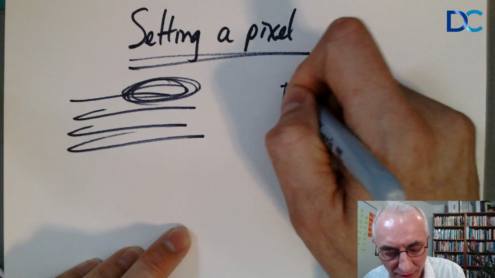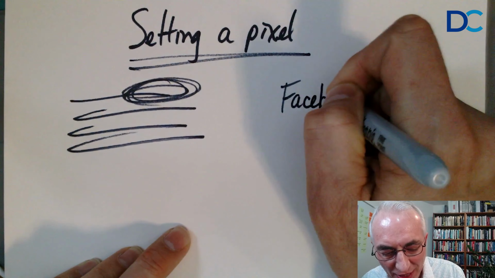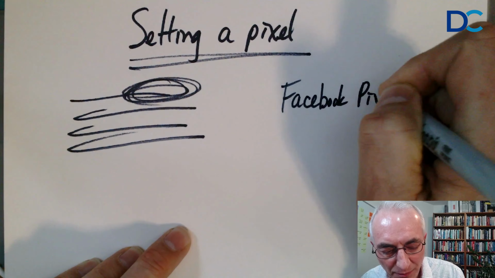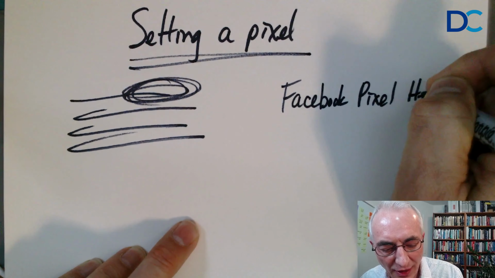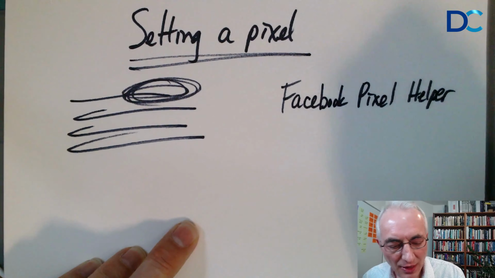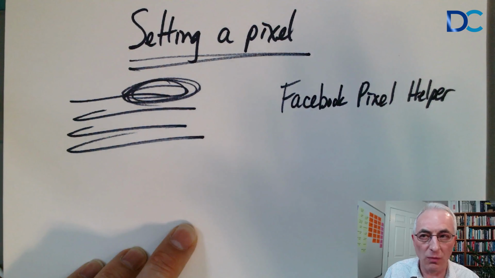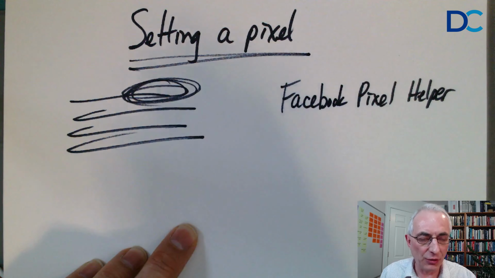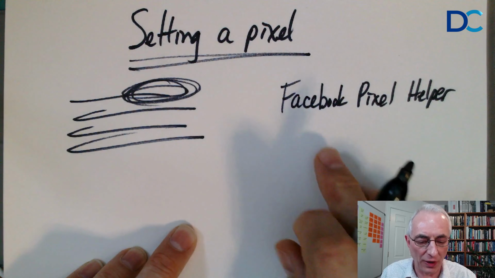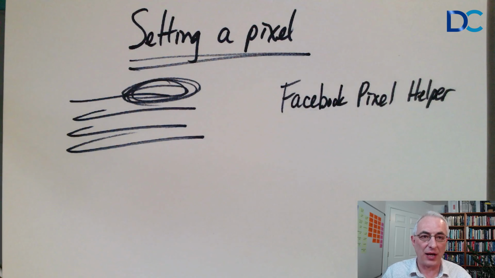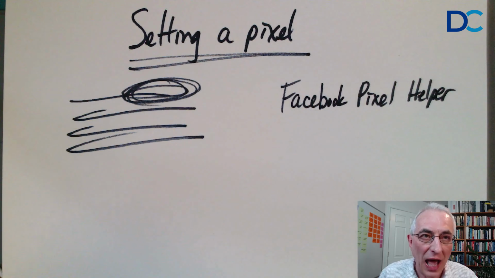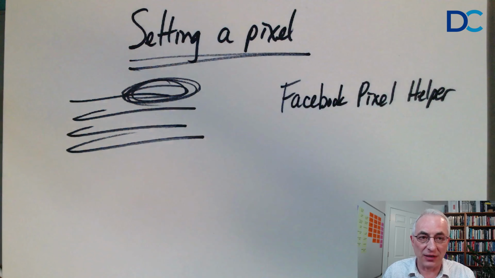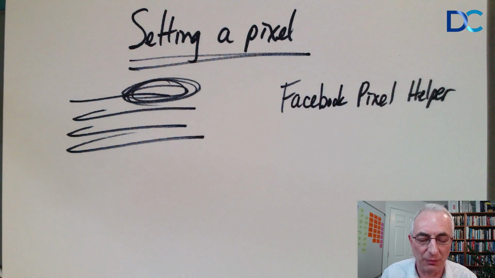It's called Facebook Pixel Helper. It's a free Chrome tool that you install on Chrome. And anytime you're on a page, it will light up if there's a Facebook pixel on there and tell you what pixels are placed on that.